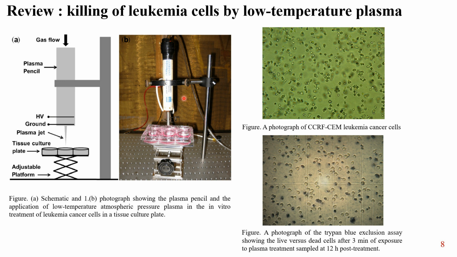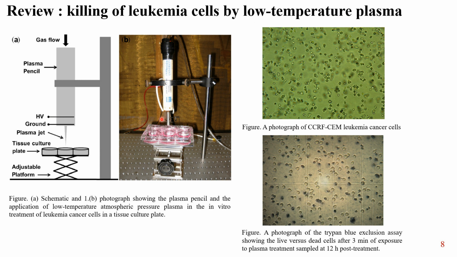So here, the authors propose to use a plasma pencil to generate non-thermal gas, also known as low temperature plasma, to kill those leukemia cells present in the environment. You can see the plasma generated by the plasma pencil here, with its reactive oxygen species.